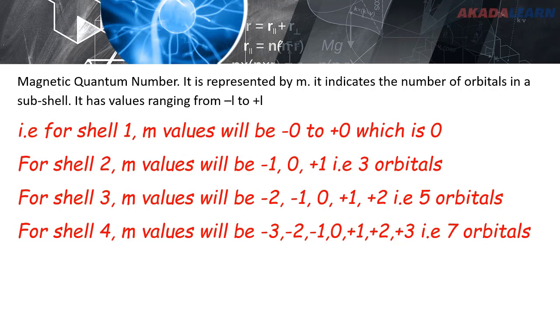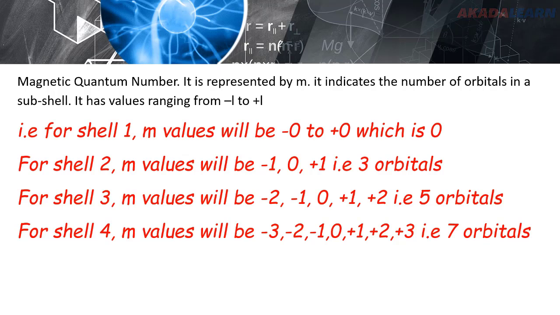For shell 3, the m values will be -2, -1, 0, +1, +2. That is 5 orbitals. For shell 4, m values will be -3, -2, -1, 0, +1, +2, +3, meaning 7 orbitals.